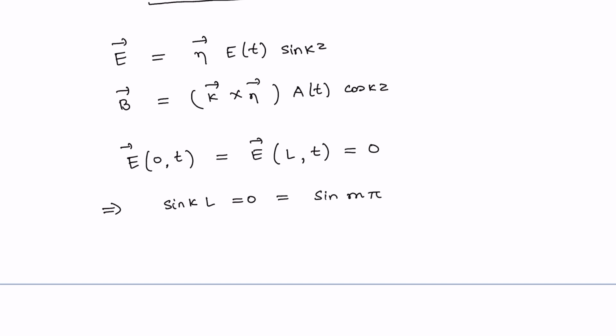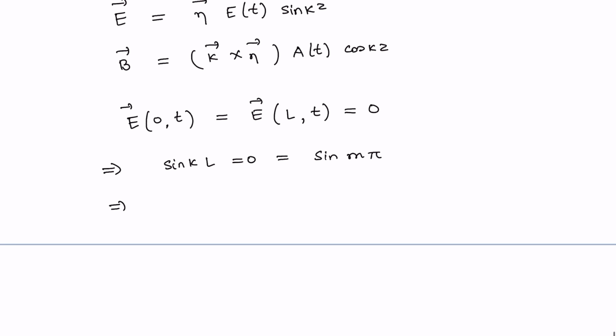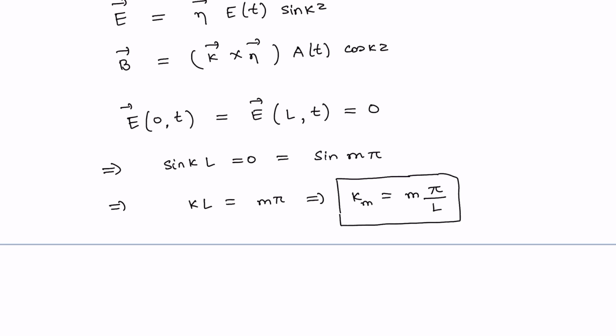M is an integer, and this implies that kL is equal to m pi, and that means this wave vector is now discretized because of this boundary condition. k_m is equal to m pi by L. I should write m here because I am taking integer indices to be m.